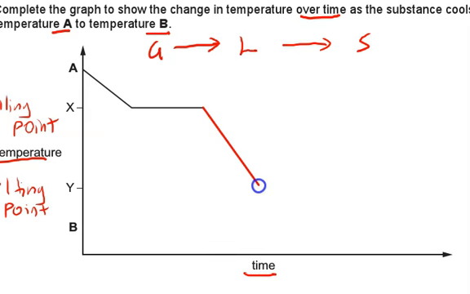From here we draw the graph going down to the level of Y, and continue with another horizontal line before we go down further to point B. So this is your Y, and this is temperature B. This is the graph, the cooling curve.